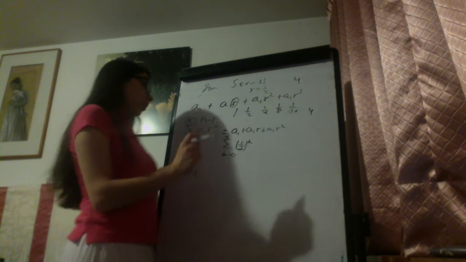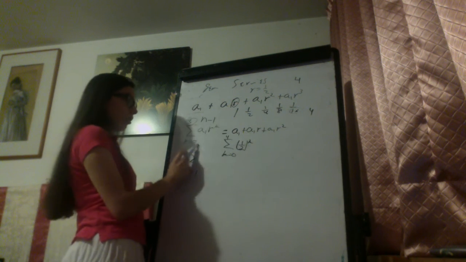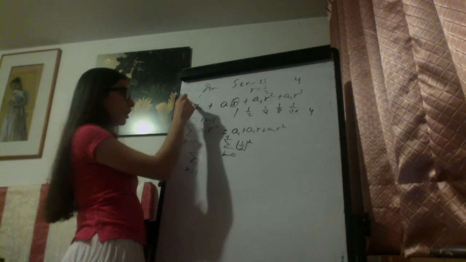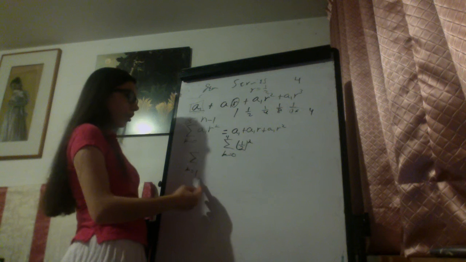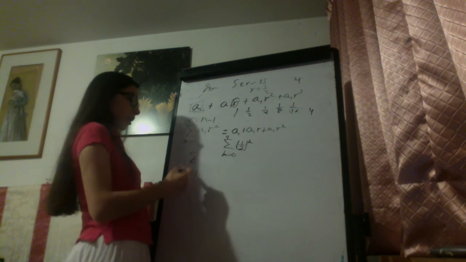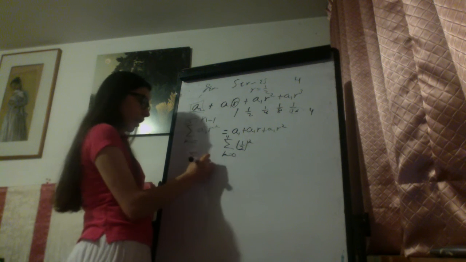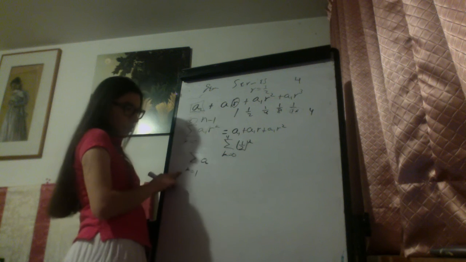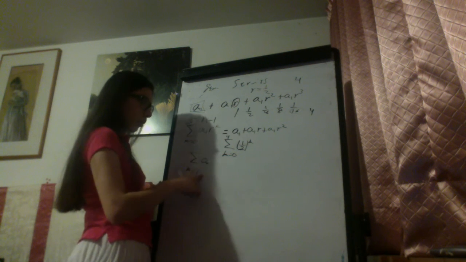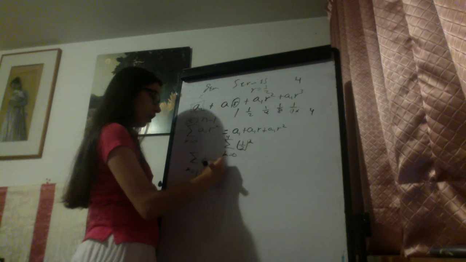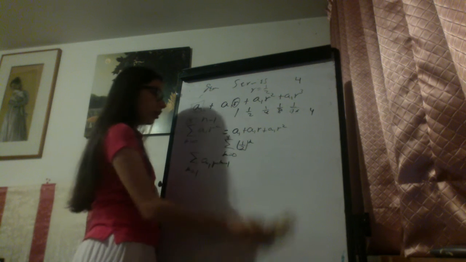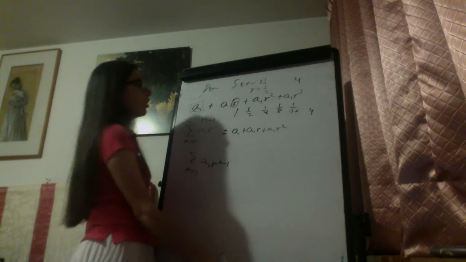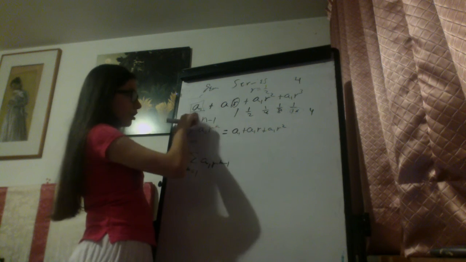Now, this one is when you begin with k equals 0. But what if I want to call this first term a sub 1? Then it would be the summation from k equals 1 of a sub 1 r to the k minus 1, because the first term is a sub 1.